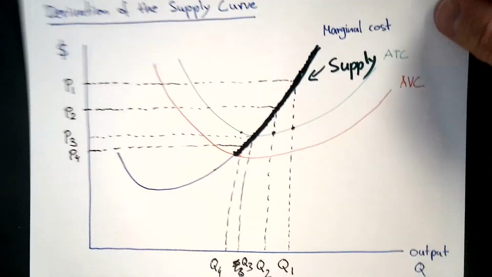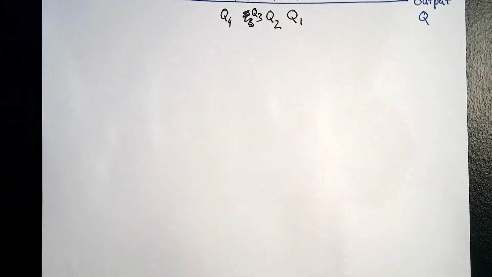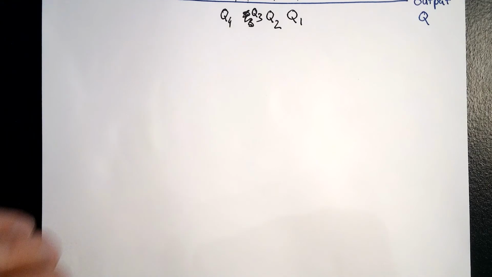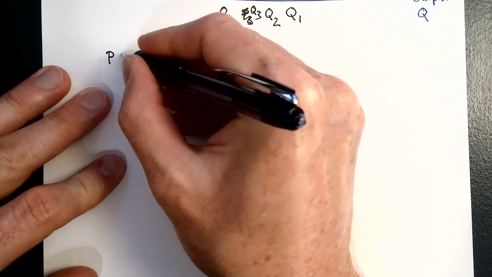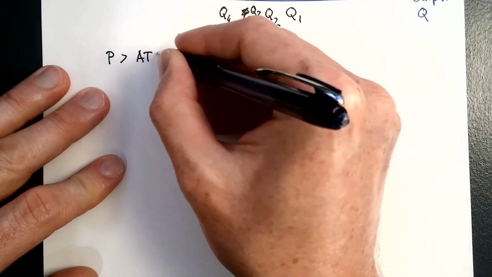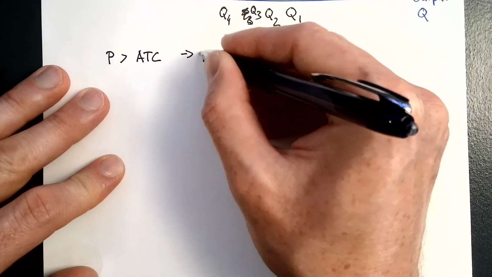So if you want to summarize this, okay, if the price is above the average total cost, then the firm is making a profit.